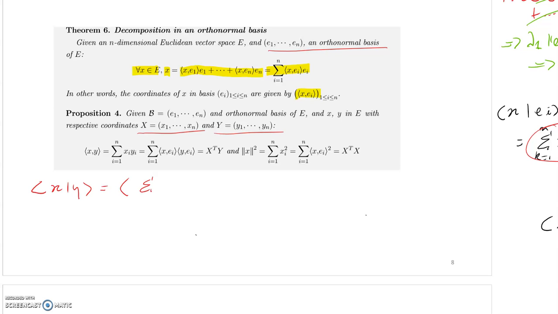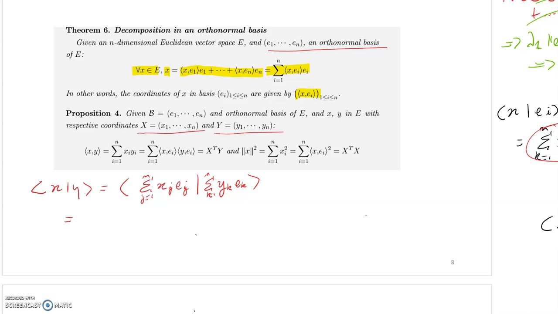Okay, so if you do the details, that's going to be the sum of xi ei with the sum of y. I should take a different index, so I'm going to take a j here and a k here, yk ek. So j equals 1 to n, k equals 1 to n, and I'm using linearity on both sides.